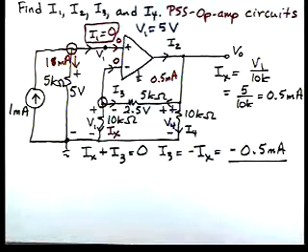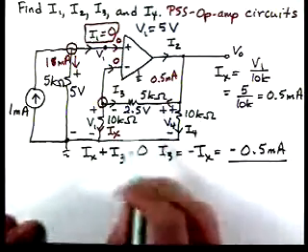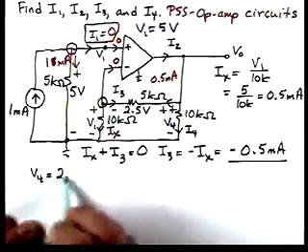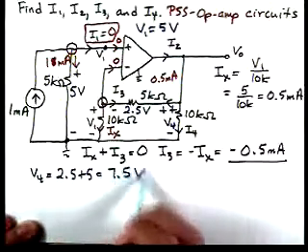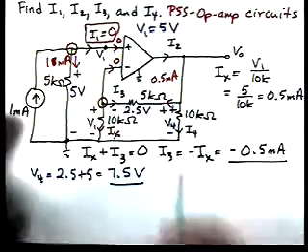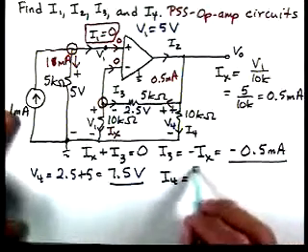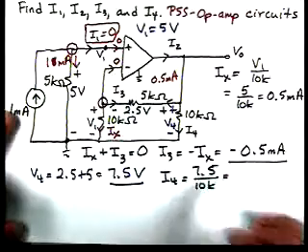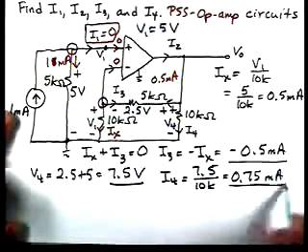And if we apply Kirchhoff's voltage law around this loop, we'll get V4 is equal to 2.5 plus 5, or 7.5 volts. So then I4 is 7.5 divided by 10K, 0.75 milliamps.